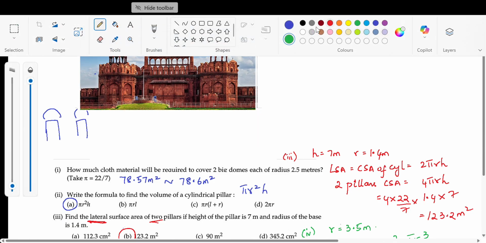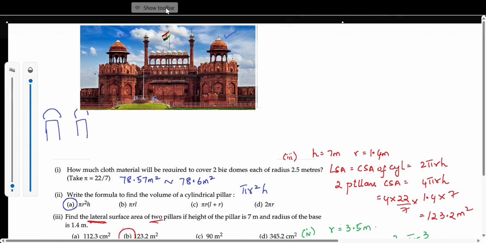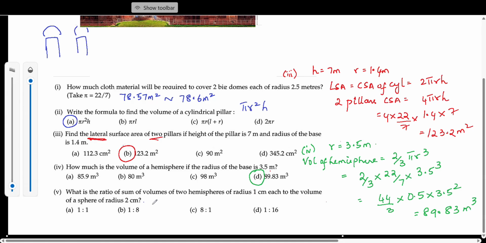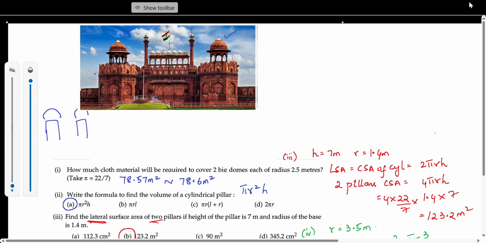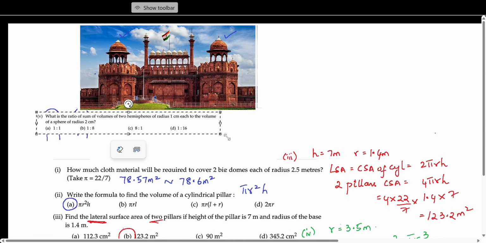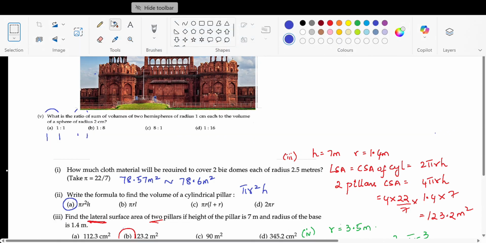Let us see how to do it. What does the last subdivision really say? The ratio of the sum of the volume of two hemispheres. So let me just put this up here.